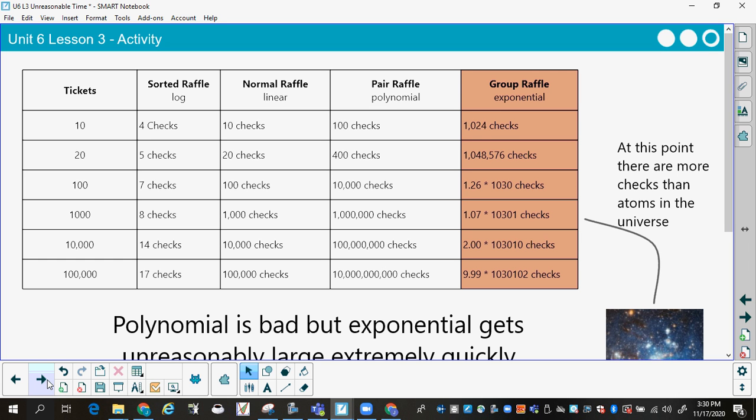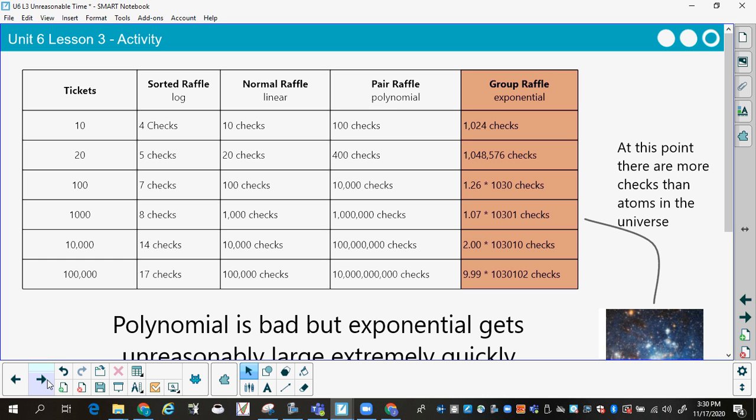So here's the table. Sorted, normal, pair, and group. Notice with just 10 tickets, I could potentially have to check 1,024 different things. Notice that with just 1,000 tickets, I'm checking 1.07 times 10 to the 301 checks.